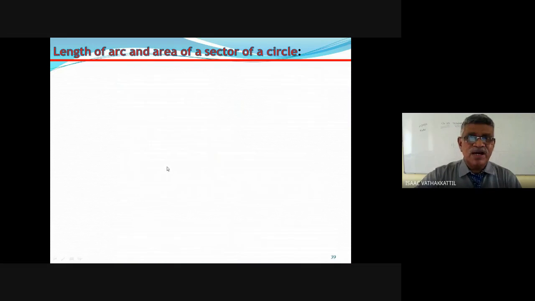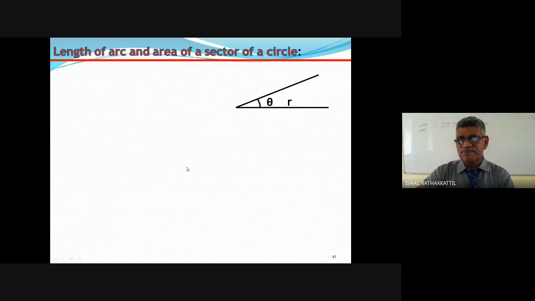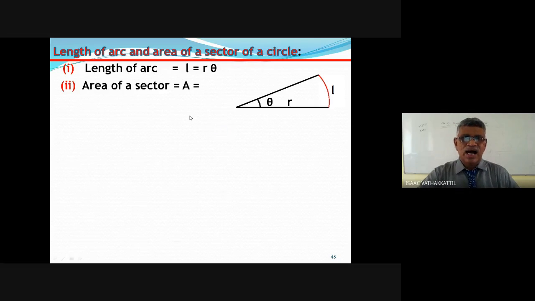Now the length of arc and area of sector of a circle. For a circle with radius r and angle theta in radians, L is the length of arc. We have already seen L equal to r theta, which we have to remember. And the area of the sector, I am not deriving it here, but you can easily observe it is half r squared theta.